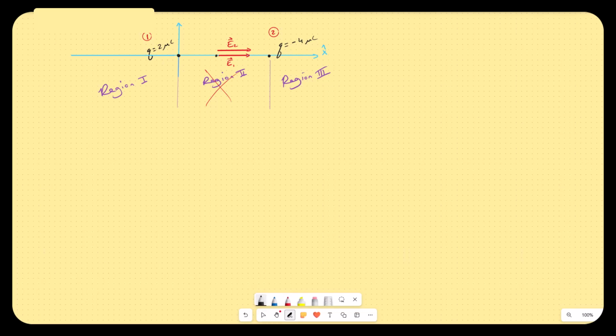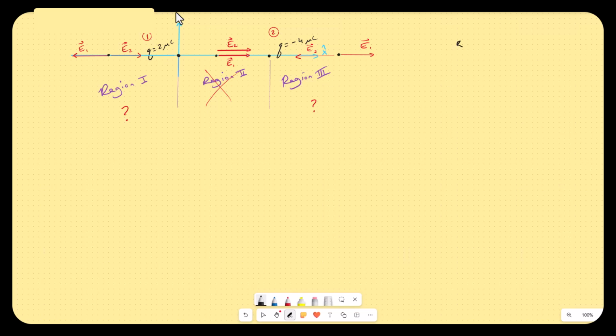Let's look at region 1. In region 1, my positive charge is a pusher, so this is going to go this way. And now I want to look at it a little bit. In region 1, I am close to the weak charge and far from the strong charge.